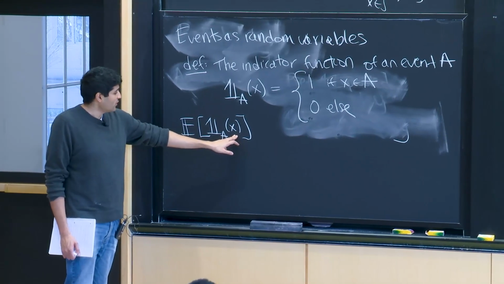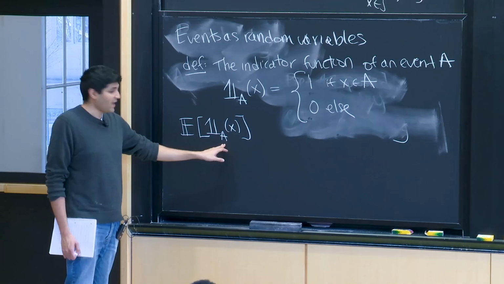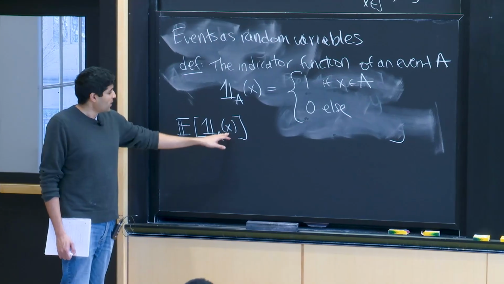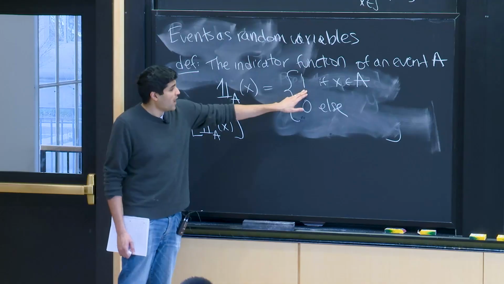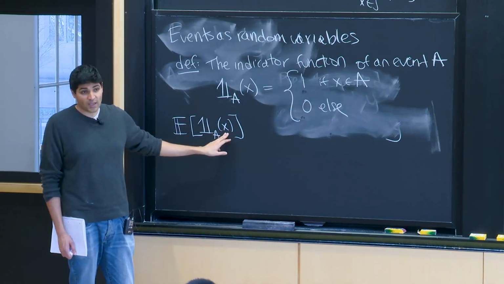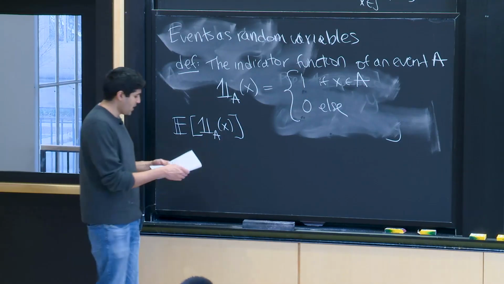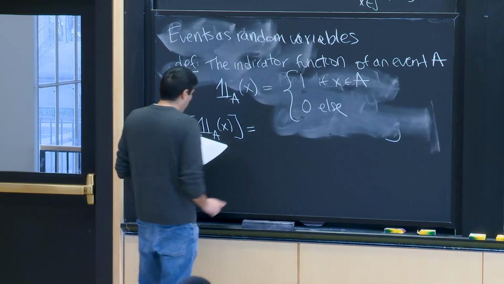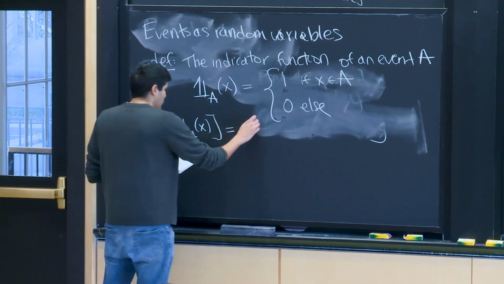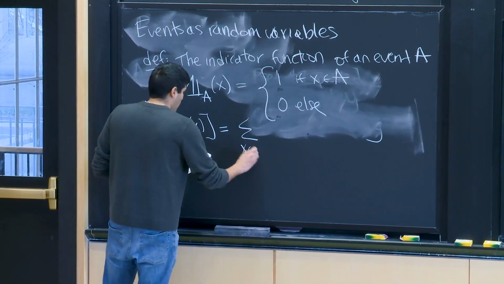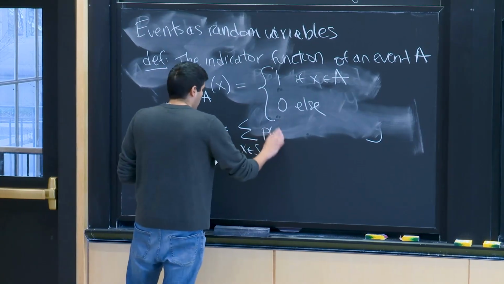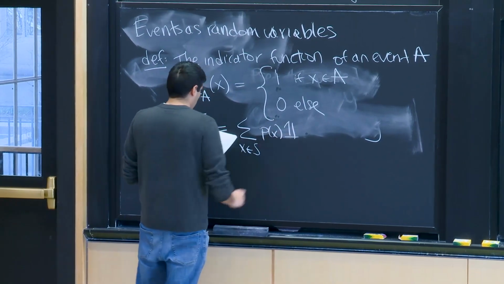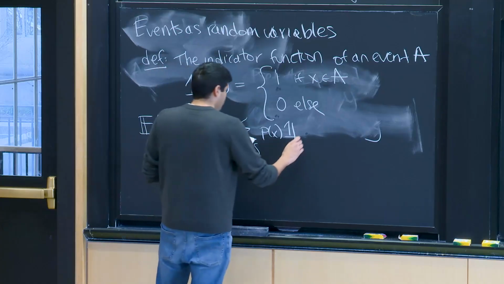And remember that an event is just whether or not X belongs to A. I have this function that just outputs 1 if X belongs to A and outputs 0 otherwise. So we can write out the definition of the expectation: it's the sum over all outcomes in my set of the probability of the outcome times the value of the random variable.